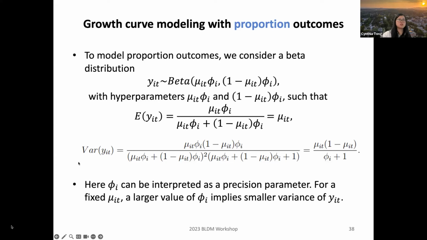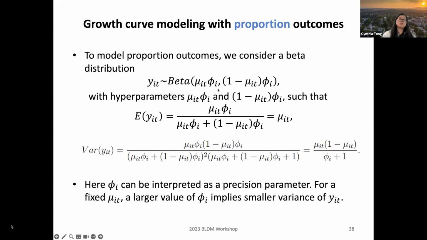We can also make sure the variance of Y_it equals mu_it times (1 minus mu_it) divided by (phi plus 1). Here phi can be interpreted as a precision parameter, because if it gets larger, then the variance will be small, so it's more precise. For a fixed mu_it, a larger phi implies a smaller variance of Y_it.